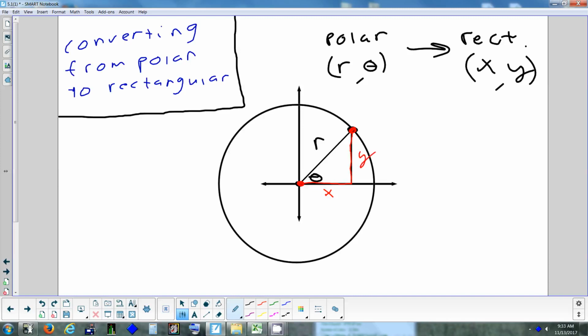So in that triangle, if you can figure out the length of the bottom side, that's your x, and the height is your y. And you're going to be able to figure it out because they're going to tell you r and theta. Those two would be numbers. So let's start with x. Okay, I want to figure out x, and what I'm going to use to do it is theta, which will be given to you, and r, which will also be given.